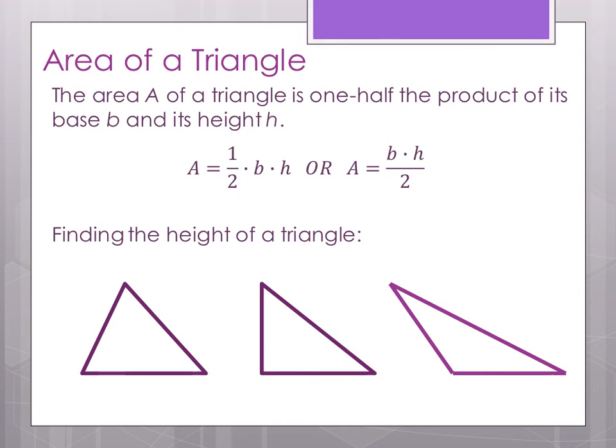Now let's look at how to find the area of a triangle. In DMA 20, this is one of the formulas that you will have to have memorized. So make sure that you get this down in your notes. You are also responsible for the formulas that you had to memorize in DMA 10. So those would be things like the area and perimeter of a square, the area and perimeter of a rectangle, as well as the Pythagorean theorem.